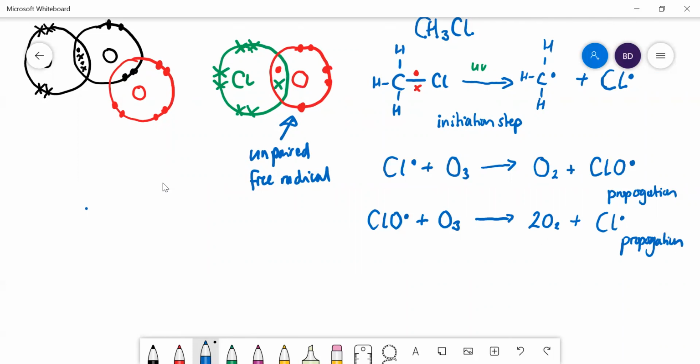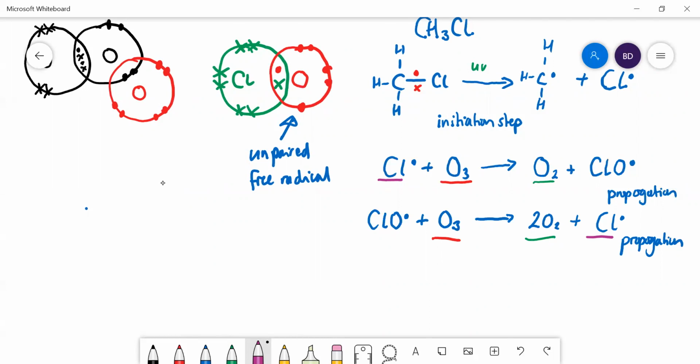So you can see here that the overall effect has been for two ozone molecules to turn into 3 O2 molecules. And we start off with a chlorine free radical, but we regenerate a chlorine free radical, and so that effectively acts as a catalyst.